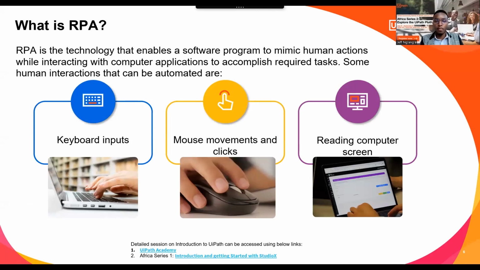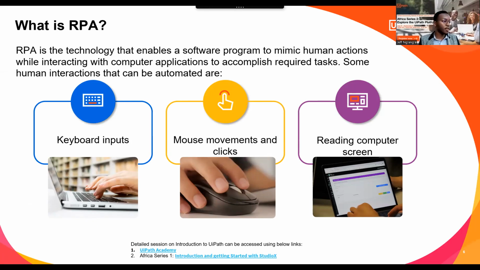So probably for some of you here, this could be the first time you're hearing of the term RPA, or robotic process automation. So what better place to start than to understand what RPA is.